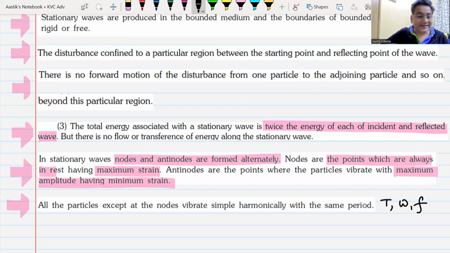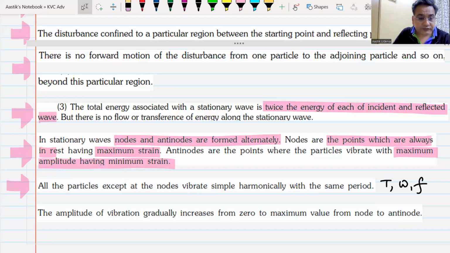All these things are the same for all the particles, but their amplitudes are not the same. You must remember and understand that the frequency and angular frequency are the same, but the amplitudes are not the same.